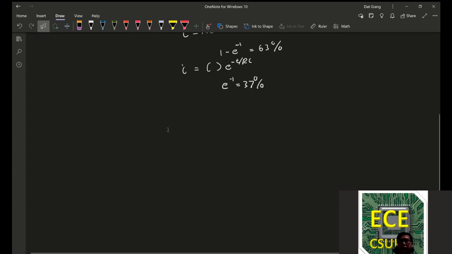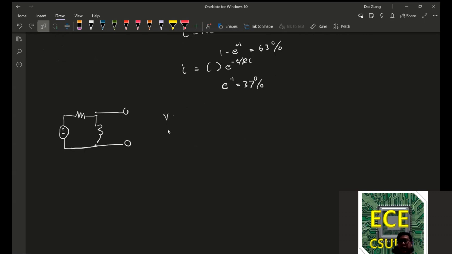Now, what about for inductors? Suppose you have the same setup, but instead of a capacitor, we have an inductor. Well, for an inductor, we have to reflect it upon a change in current, like so.